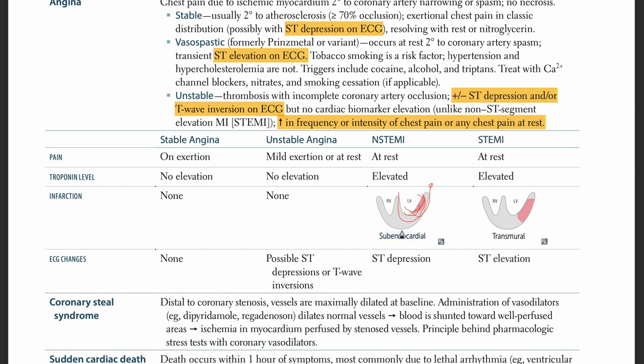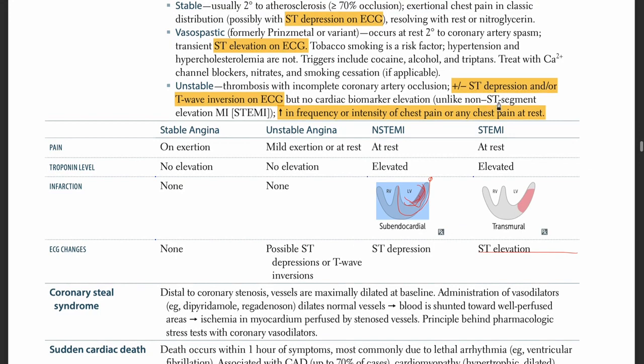But if it covers the whole thing, what does that mean? It has to go all the way around and work, right? So then you're going to get ST elevation instead, and this is called transmural. Transmural means all the layers of the heart: endocardium, myocardium, and the outer one, epicardium.